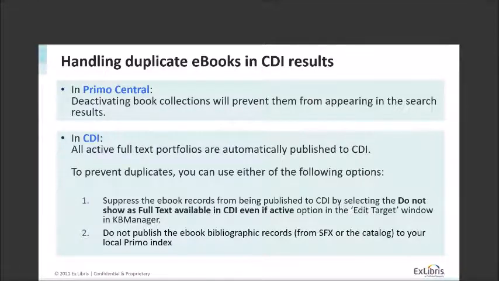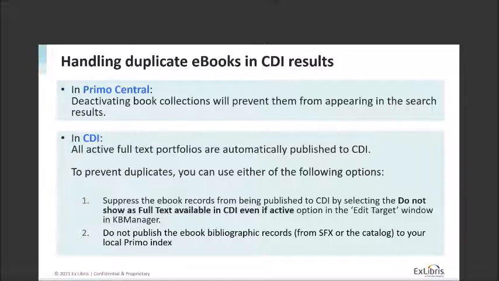First of all, you can fix this in CDI, or you can say, I don't want the records from CDI. I prefer the records from my local index. They're better quality. They look better. So in that case, what you can do is suppress the ebooks from being published to CDI and select the "do not show as full text available in CDI, even if active" option in the edit target window. So this is done per target.